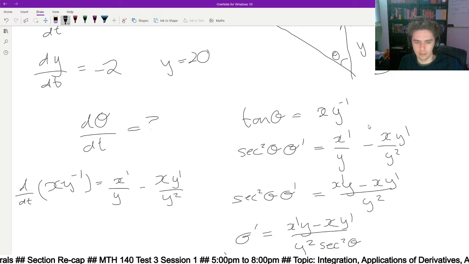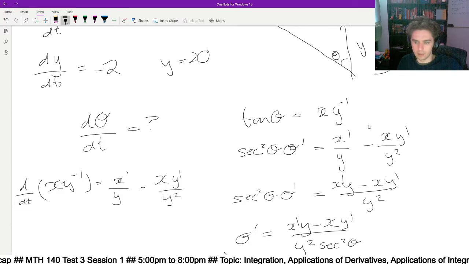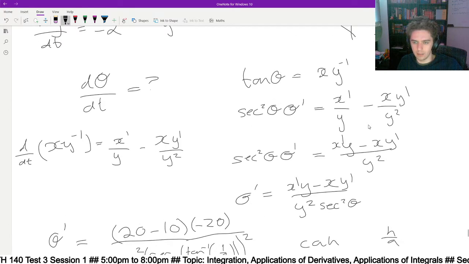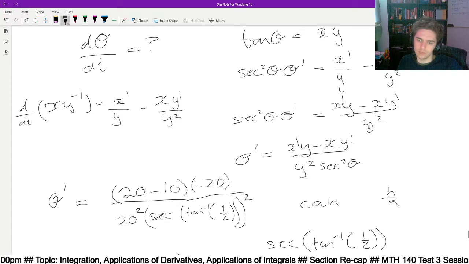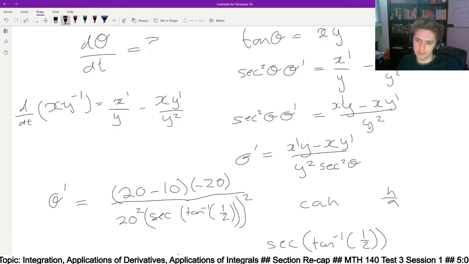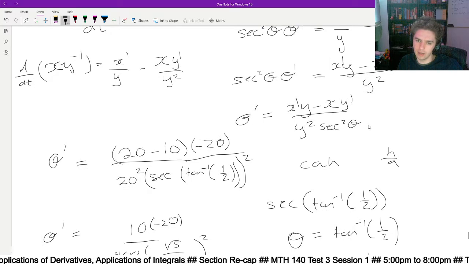Okay, that's right. So then multiply this by y, top and bottom. So it's x prime y minus x y prime over y squared, divided by secant squared theta. Yeah, looks like it should be okay.